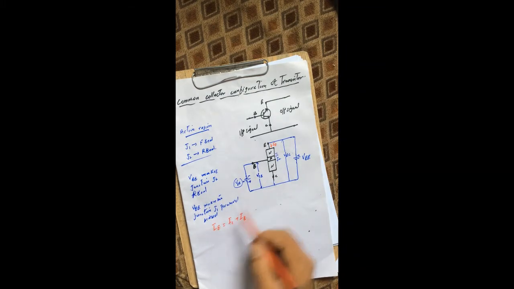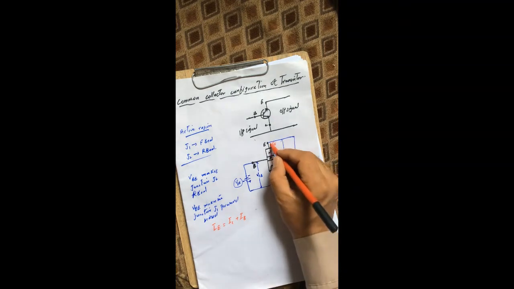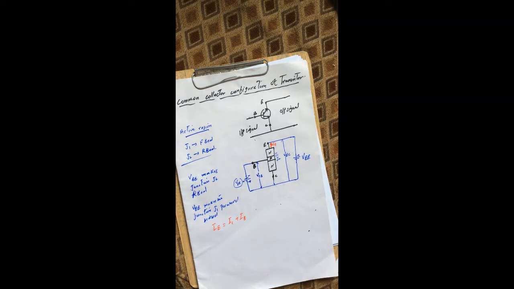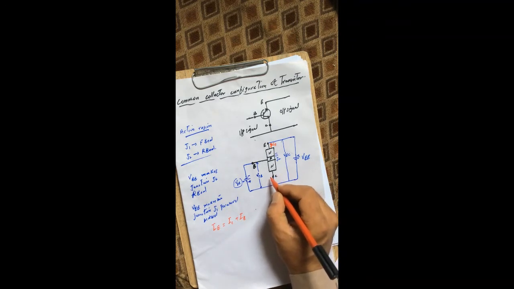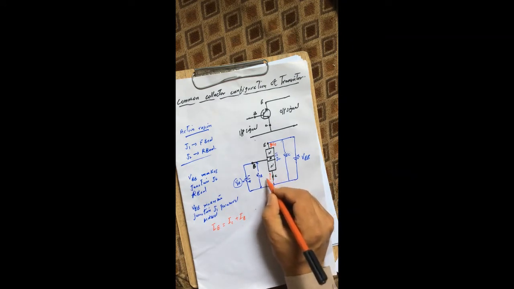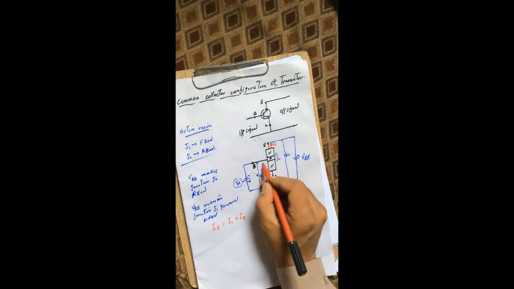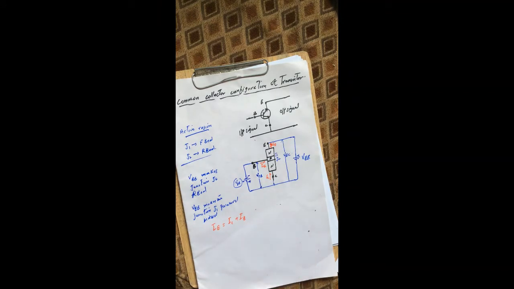So the collector current and base current will be inward. The IC direction will be this one and the IB direction will be this one, according to this relation. I call it equation number 1.